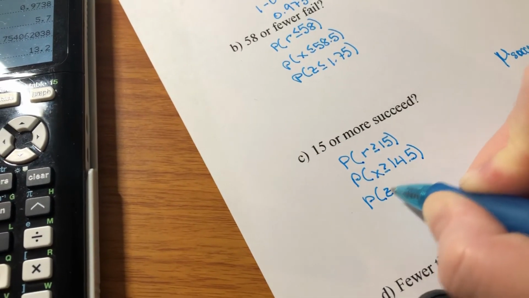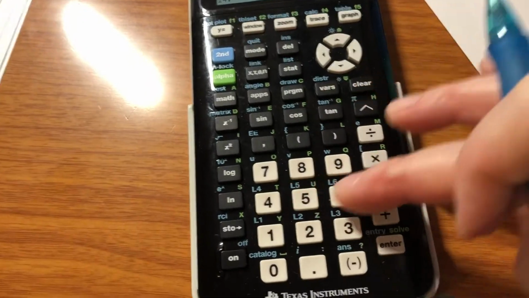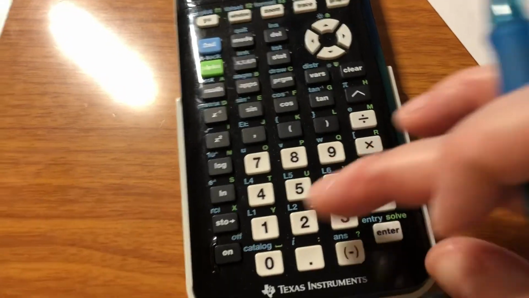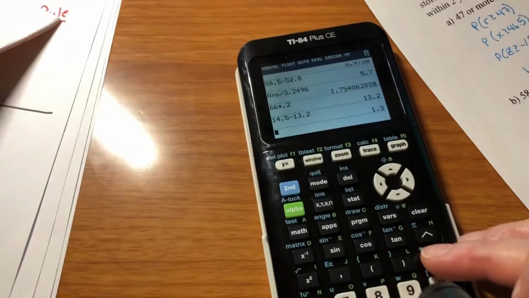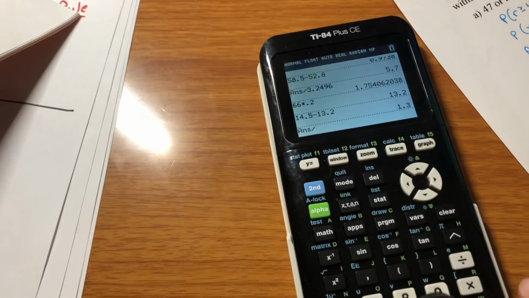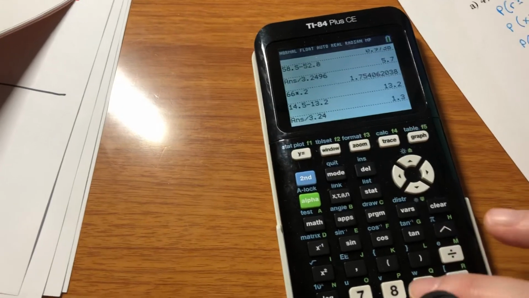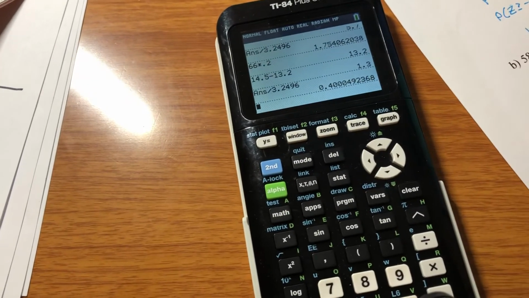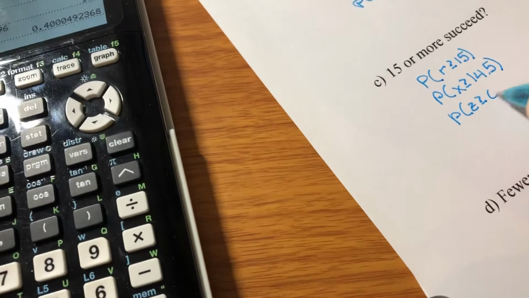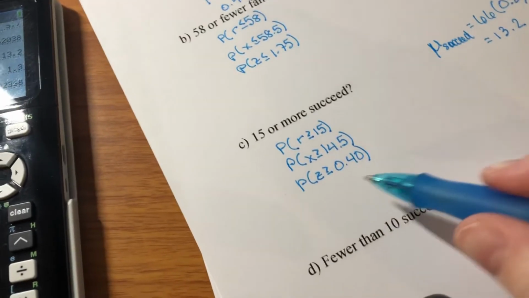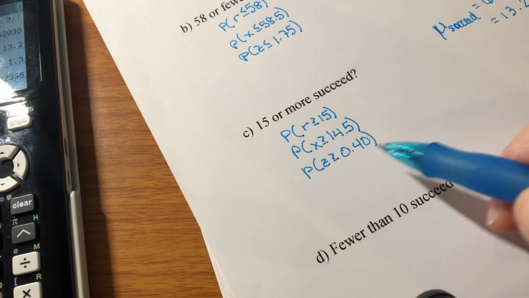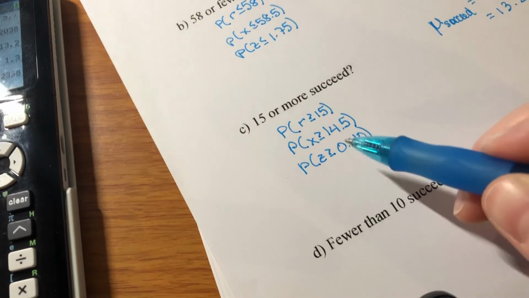And then I can convert that to a Z. So I'll do 14.5 minus 13.2, which is my new mu, divided by 3.2496. So I get 0.40. And then I'll find the Z value. Since it's greater than, I'd either subtract from 1 or look up the opposite.